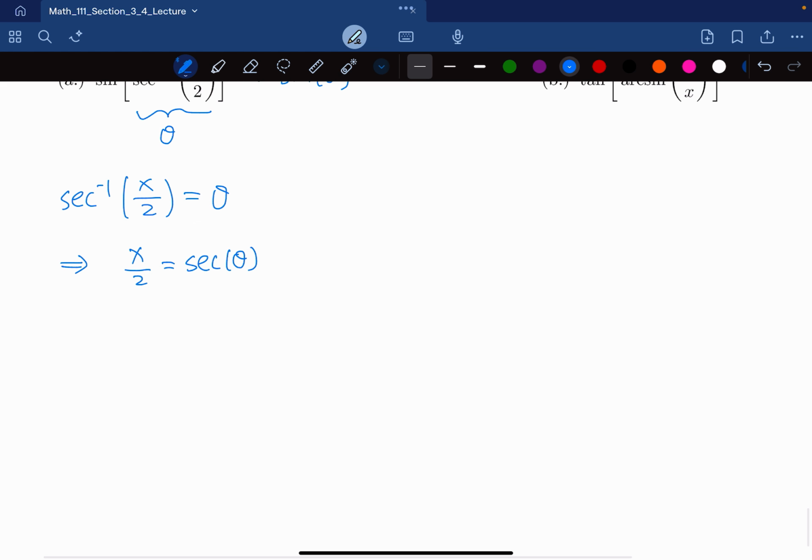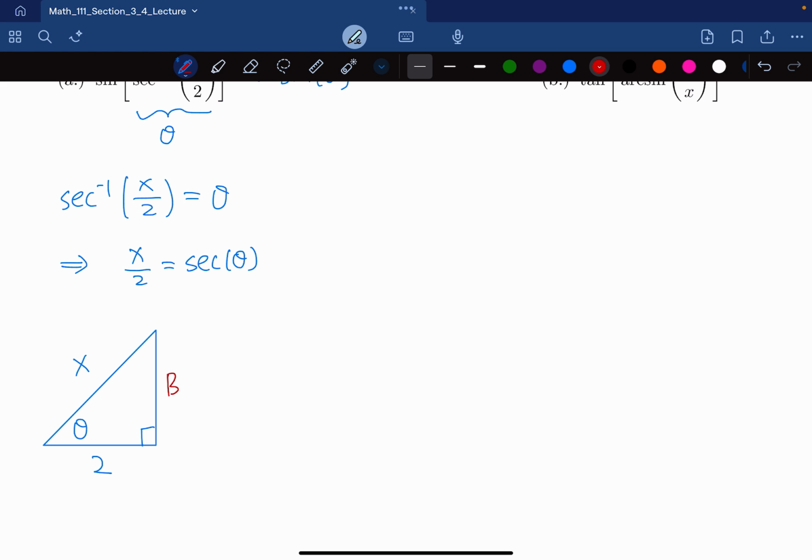I'm going to construct my triangle here. And secant of theta is hypotenuse over adjacent. So I'm really looking for the opposite. Okay?